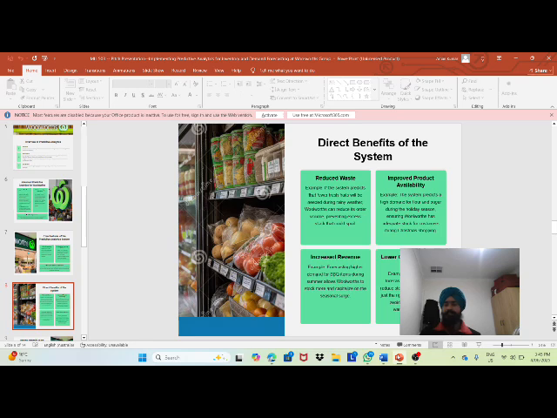And the next one is improved product availability. It also helps to improve the product availability to meet the demand of the customers by giving enough stock for the customers. For example, the system predicts a higher demand for flour and sugar during the holiday season.